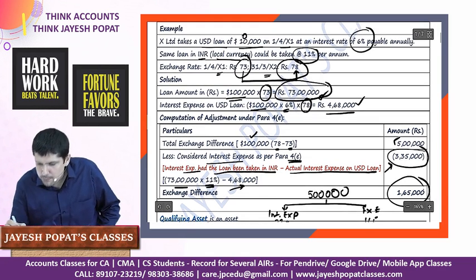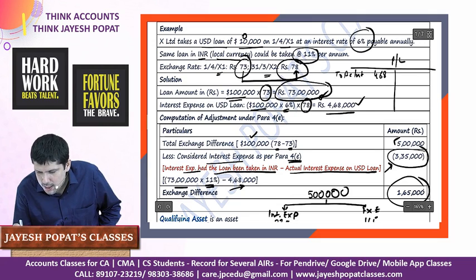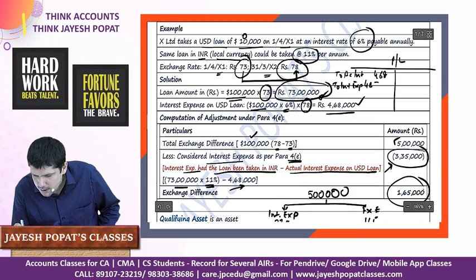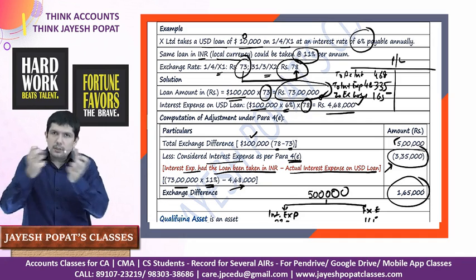So when I make my profit and loss account, I will say: to interest, actual interest which I have paid is 4,68,000; to interest expense, this is as per para 4E, which is 3,35,000; and to exchange loss, which is 1,65,000.